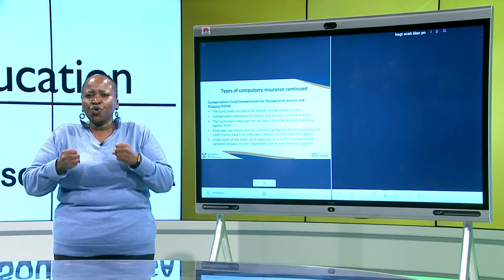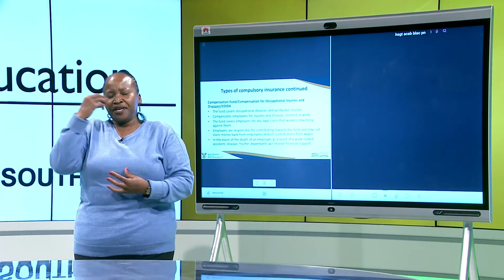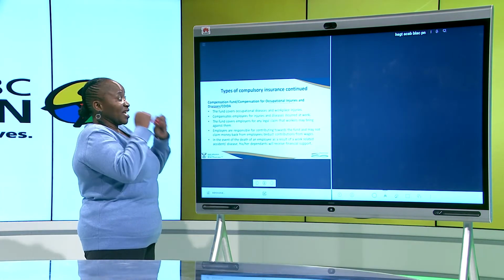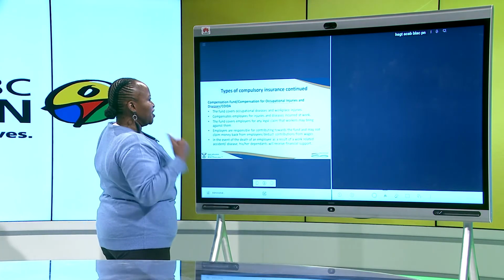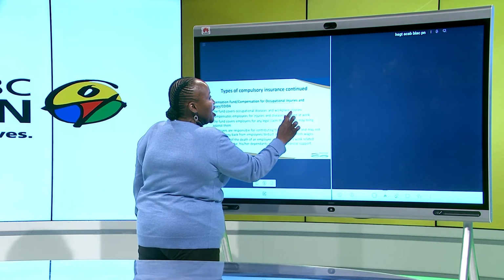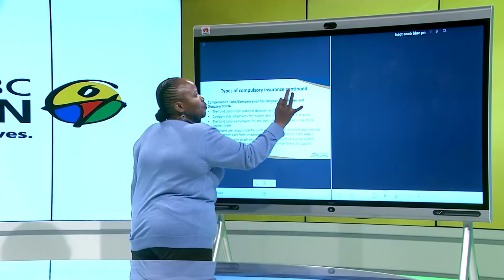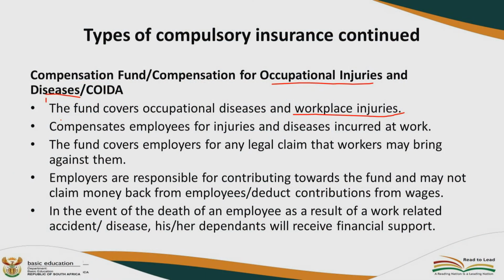Let's zoom into how COIDA benefits both the employer and the employee. The fund covers occupational diseases and workplace injury. That you know already. That is why it is called compensation for occupational injuries and diseases. Why? Because it covers occupational disease.